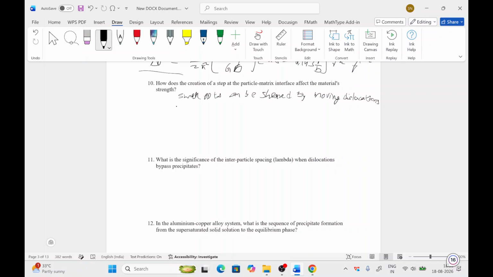This is a dislocation, this is a precipitate, and the precipitate shears out like this. So extra free surface is created on the precipitate particle. This extra surface increases the surface energy of the particle, and that contributes to hindering the dislocation motion.